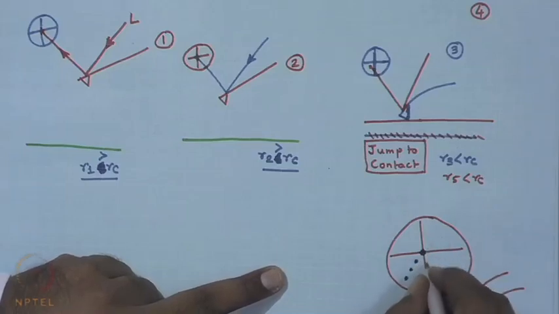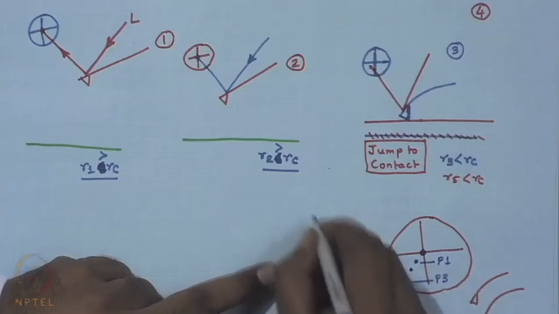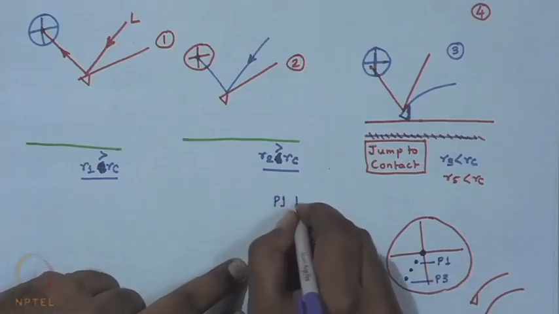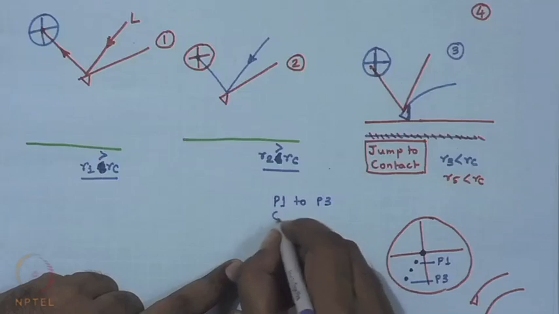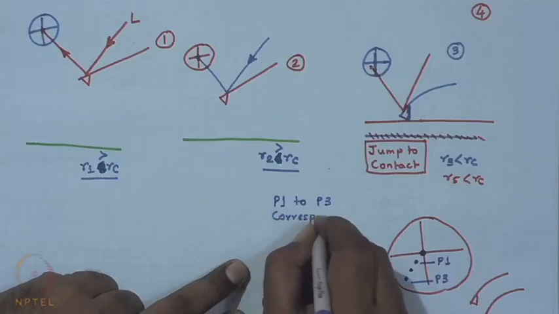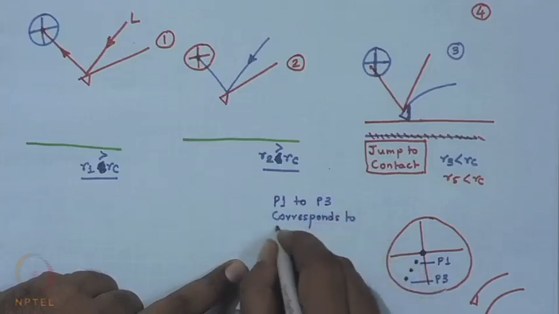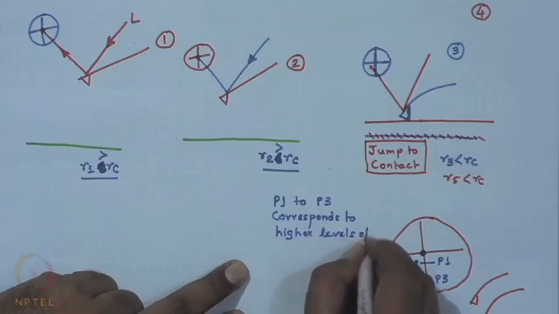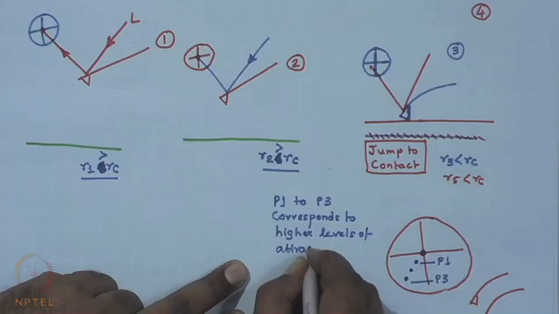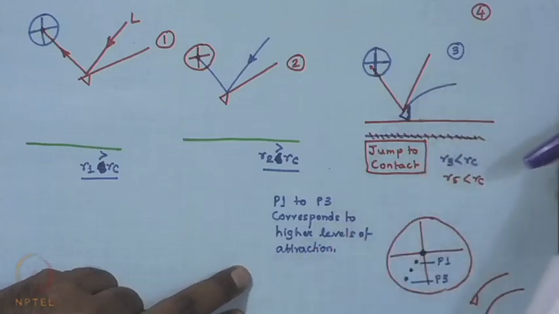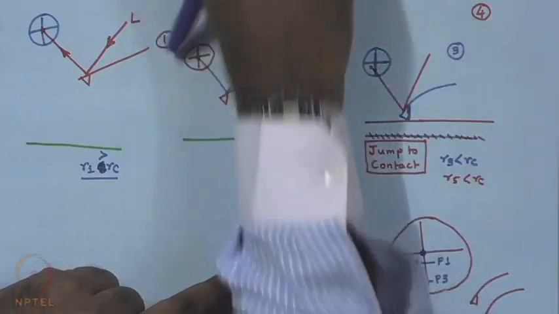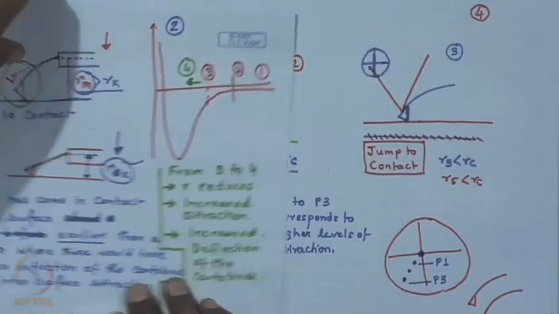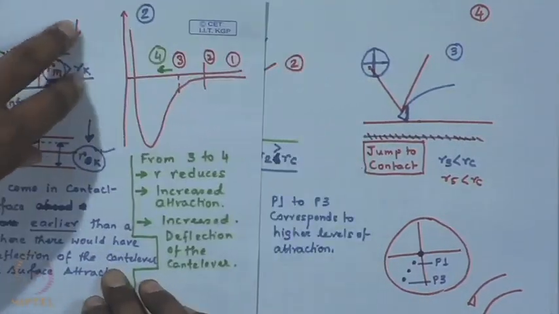So, from let us say position P1 to P3, higher level of attraction. I hope it makes sense to you. Well, we just wrote it here. So, let us say from 3 to 4 we drew on this particular curve.